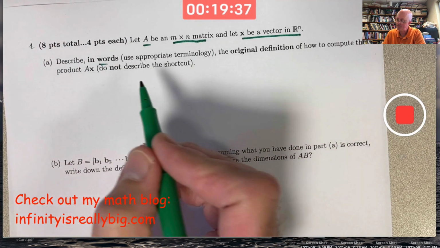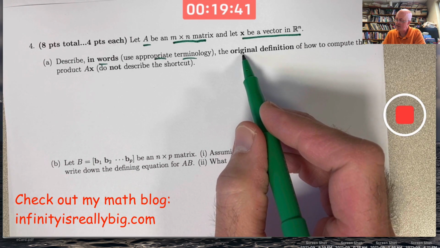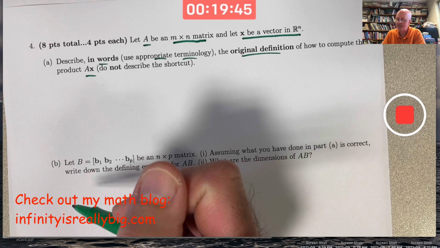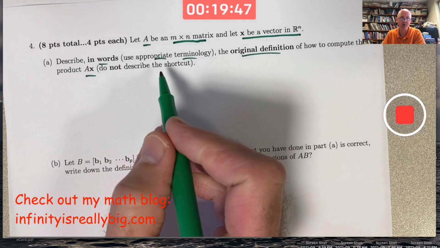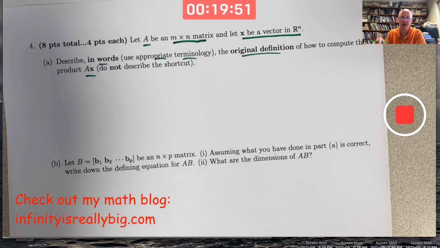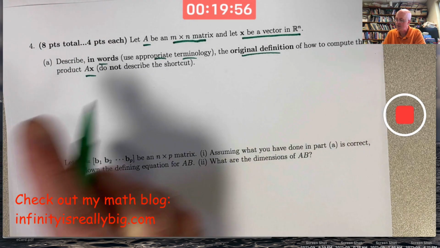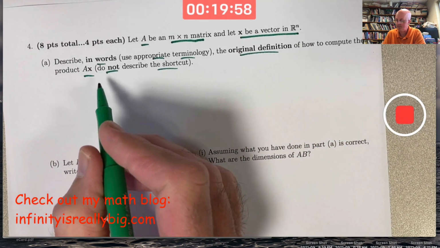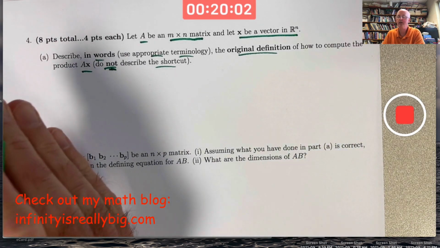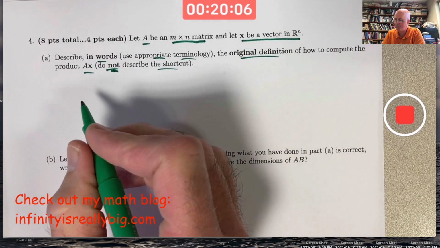In words, with appropriate terminology, describe how to use the original definition of how to compute the product A times x. Do not describe the shortcut, and by shortcut I mean the dot product trick, taking the dot product of the rows with the column vector. Do not describe the shortcut. This is something I emphasize very, very strongly whenever I teach linear algebra or differential equations with linear algebra.